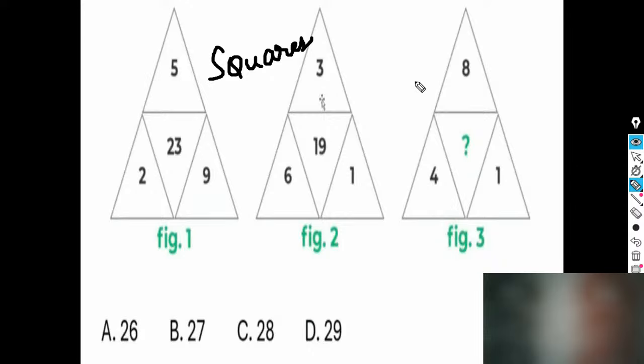We have 5 2 9, 23, 3 6 1, 19, 8 4 1, question mark. Can anyone guess what the answer can be?